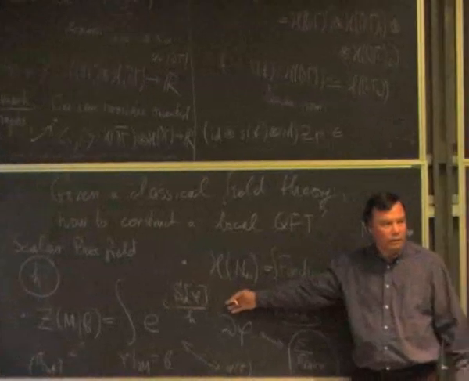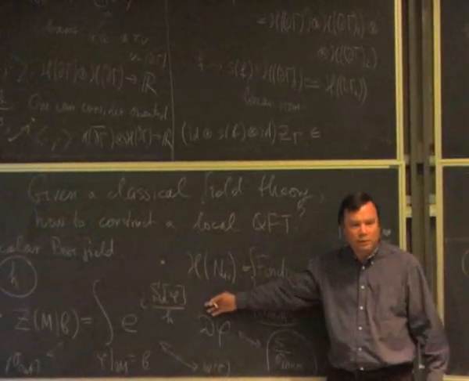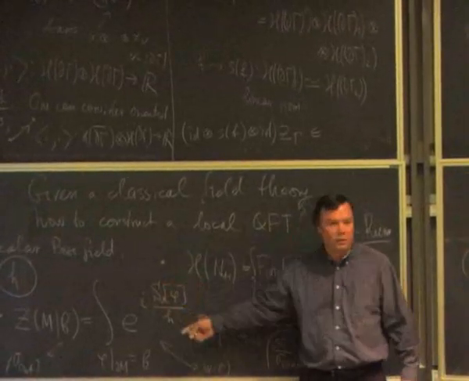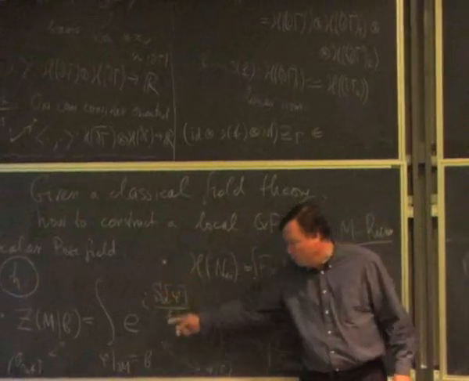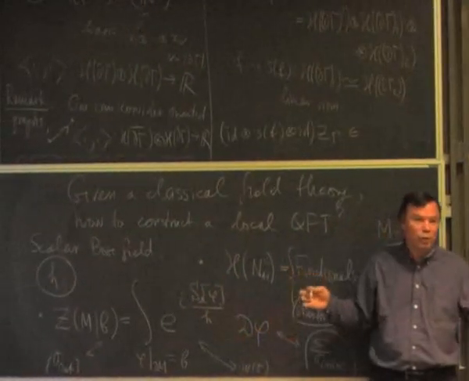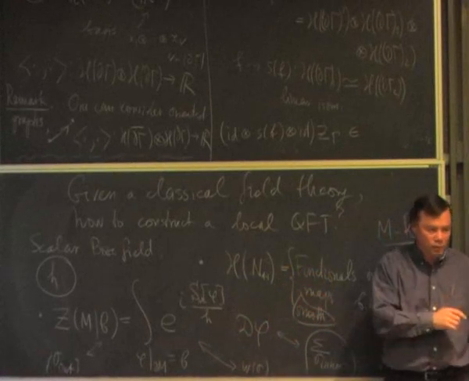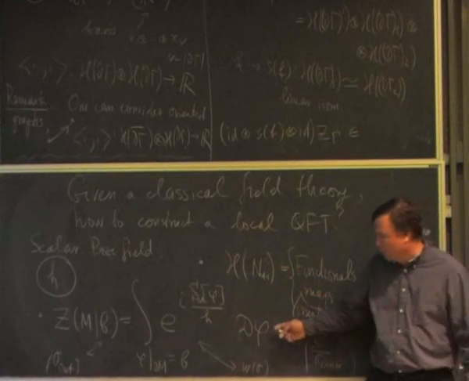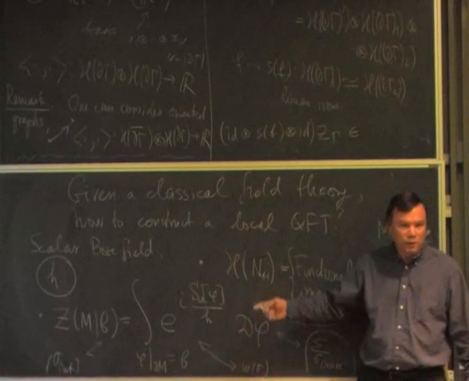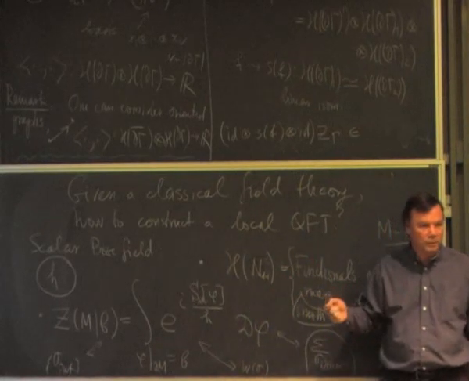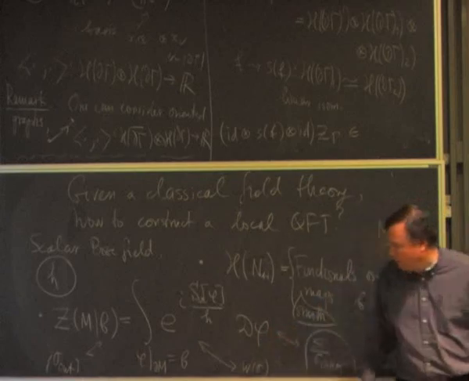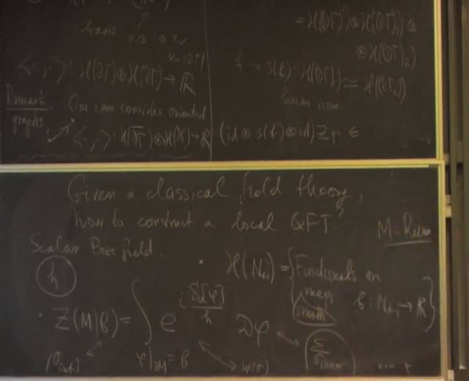Then there is an infinite dimensional group with respect to which this integrand is invariant. So we know that this integral is proportional to the volume of this group. So as a first step, we have to get rid of this volume, in other words, to pass to the quotient, the space of fields modulo the gauge group. And so we will discuss this.